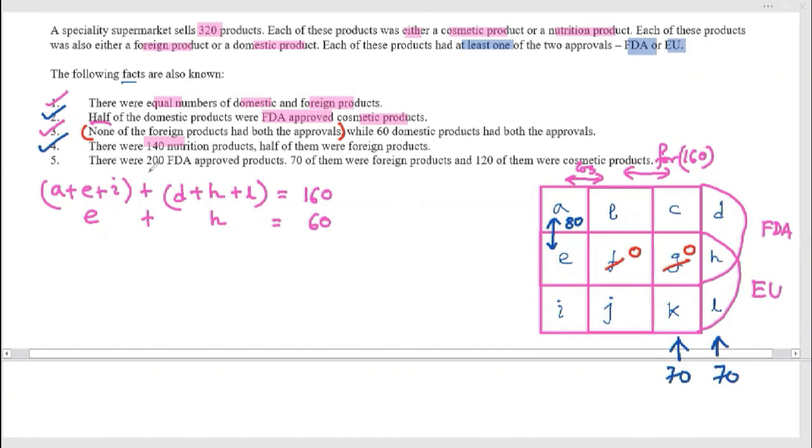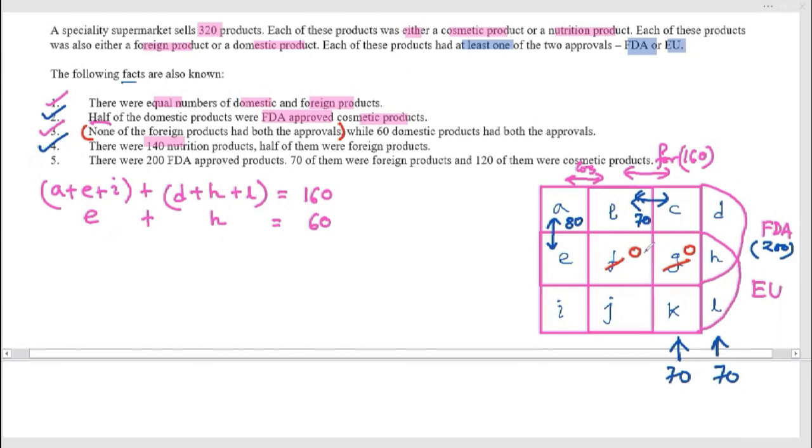Next one: there were 200 FDA approved products. 70 of them were foreign products. So out of that, foreign product is B, C, F, G, with F and G being 0. So 70 would be here. And 120 of them were cosmetic products.